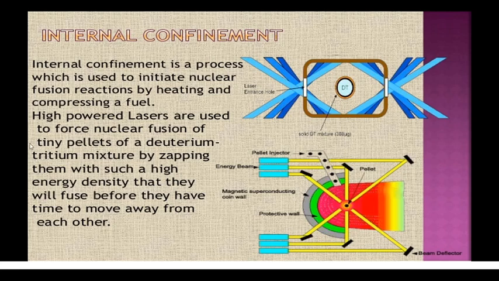High-powered lasers are used to force the nuclear fusion of tiny pellets of deuterium-tritium mixture by zapping them with such a high energy density that they will fuse before they have time to move away from each other.